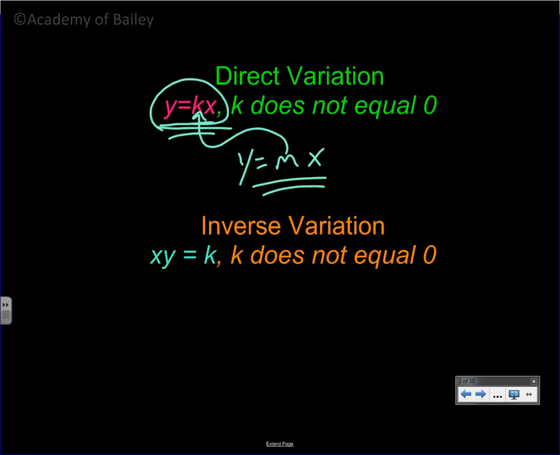And down here for inverse variation, the equation is xy equals k. Sometimes you will see the equation with y all by itself. In order to get y by itself, the opposite of multiplying by x is dividing by x. You divide by x, so y is equal to k over x. Sometimes they'll have those as the equations, and when we find the equation, we'll write it like that.